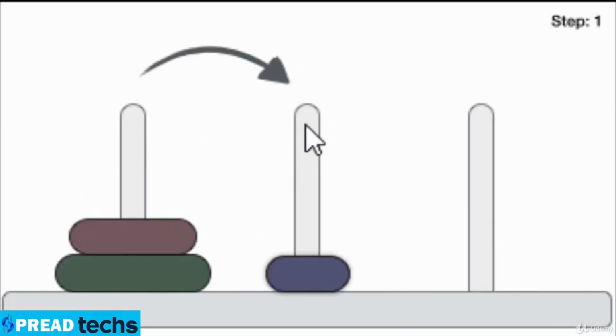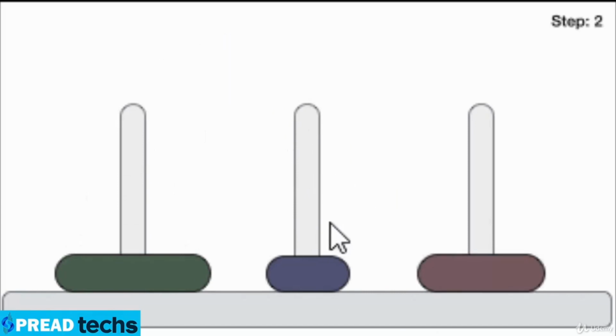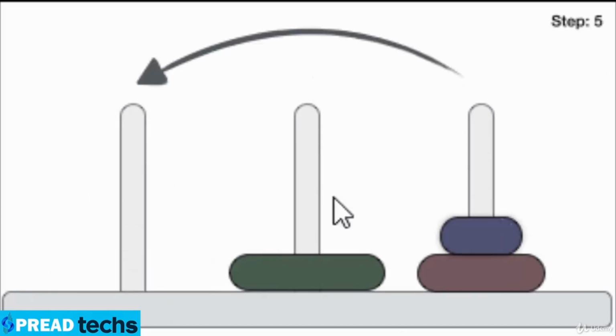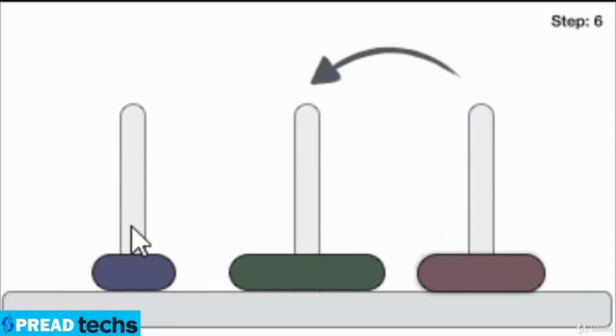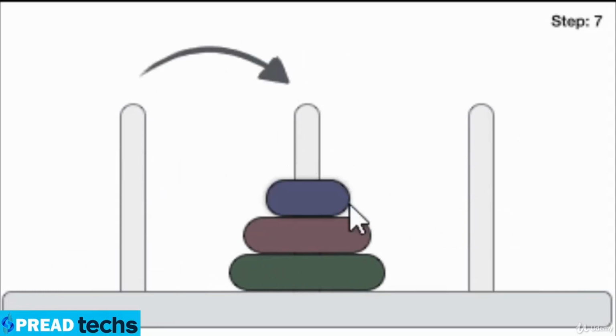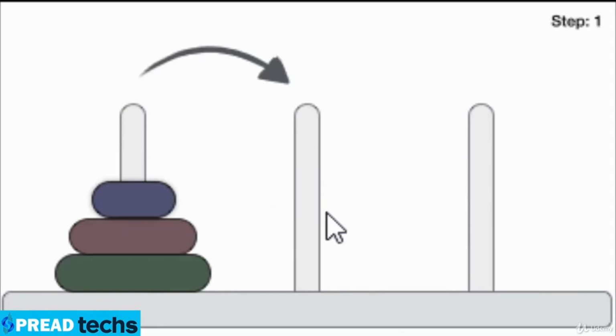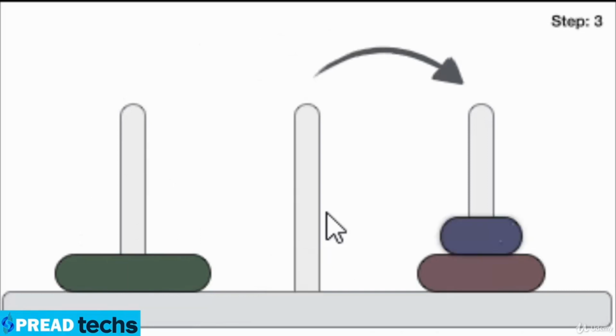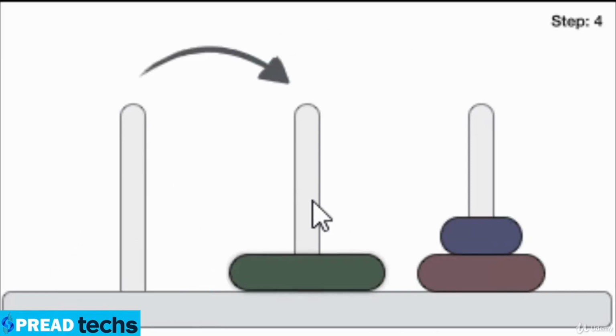So this is the process. Here you can see the smallest disc moves to the destination, then auxiliary, and then it's moved to destination, then source, and then destination, and then destination. So this is the example of the Tower of Hanoi.